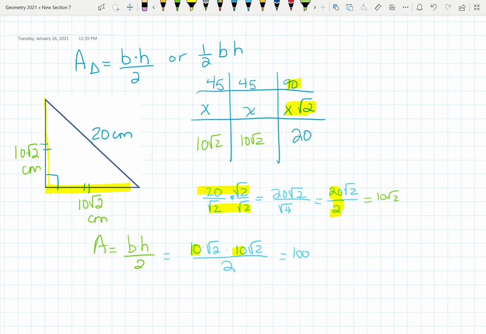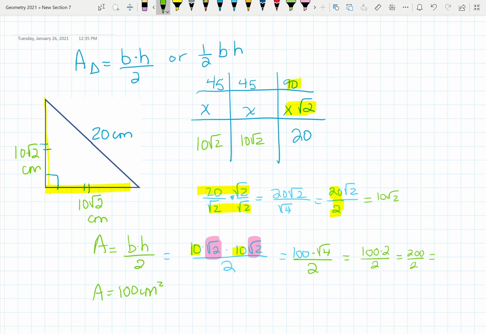I can multiply the square root of 2 times the square root of 2. That would give me square root of 4 divided by 2. Well, square root of 4 is 2, so 100 times 2 divided by 2, that gives us 200 divided by 2, which is simply 100. So the area of this triangle is 100 square centimeters.